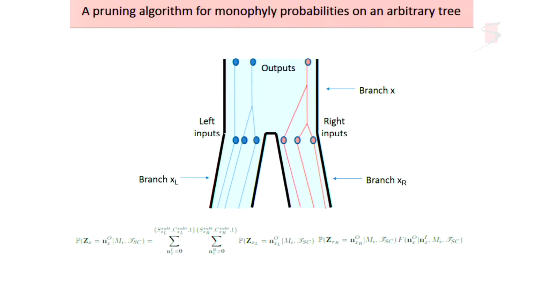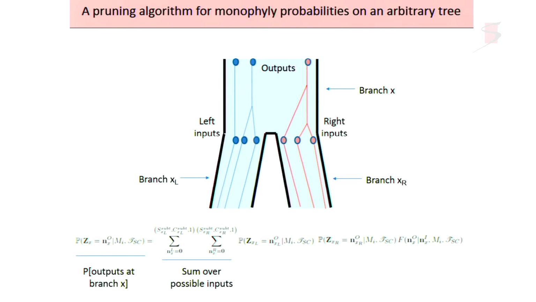This is just a schematic of the recursion equation that gives this pruning algorithm. I won't go through it in too much detail other than to explain the terms so that you can see the structure. This is a probability of a vector of outputs at branch X. It's the vector of outputs up there, and that's three numbers: the S lineages, the C lineages, and the M lineages.